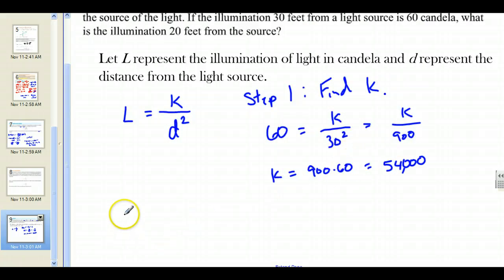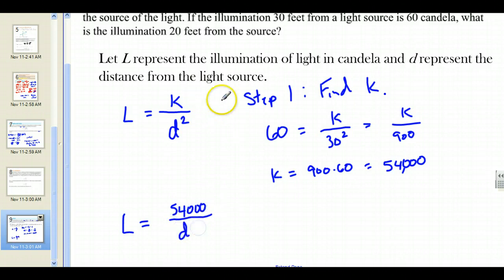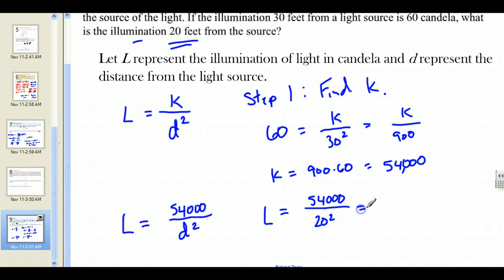Step 2, use that function. L equals 54,000 over D squared, and solve the new equation. What is the illumination 20 feet from the source? So L equals 54,000 divided by 20 squared.